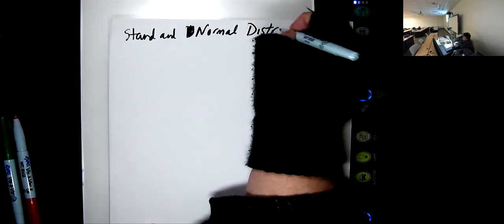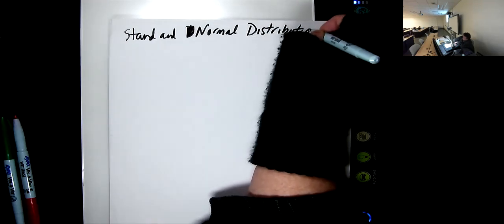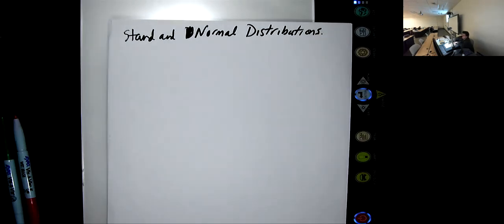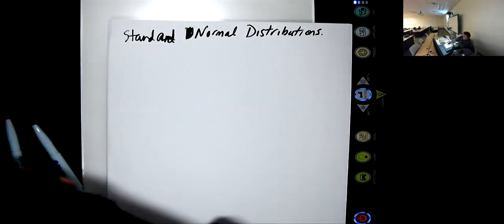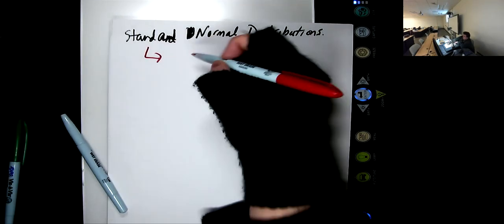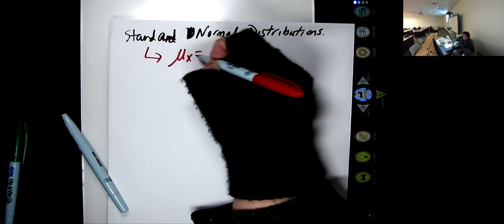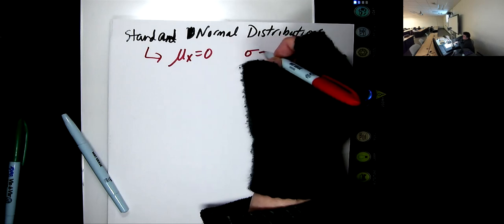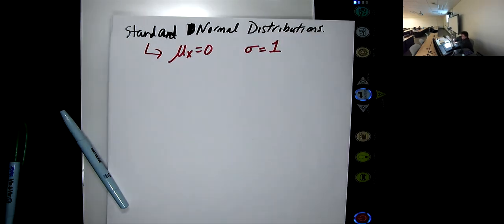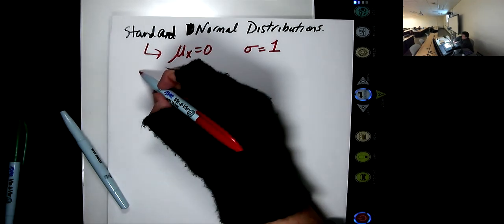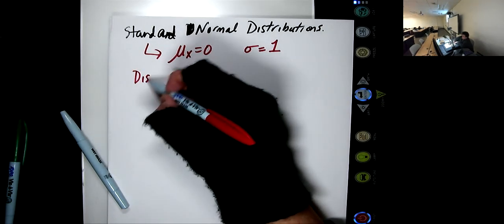We've been doing normal distributions, but the standard normal distribution has a mean of 0 and a standard deviation of 1. It's quite literally the distribution for Z.